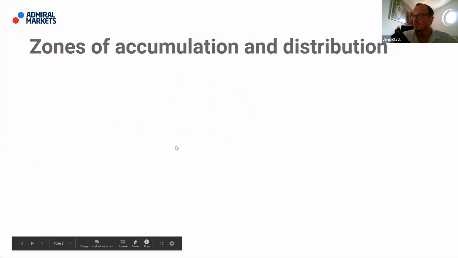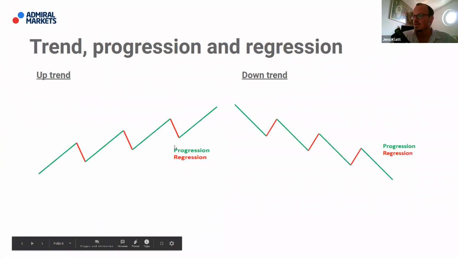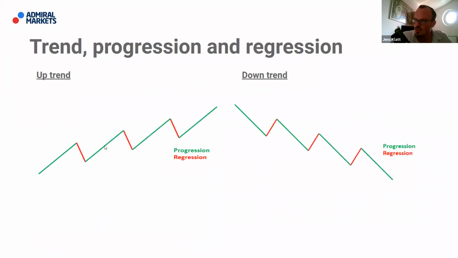The progression traders are those who try to trade this part of the chart. So they do not try to capitalize on the structure of higher highs and higher lows, but they only trade during this green part of the chart. Now let's look at this also from a risk-reward perspective.